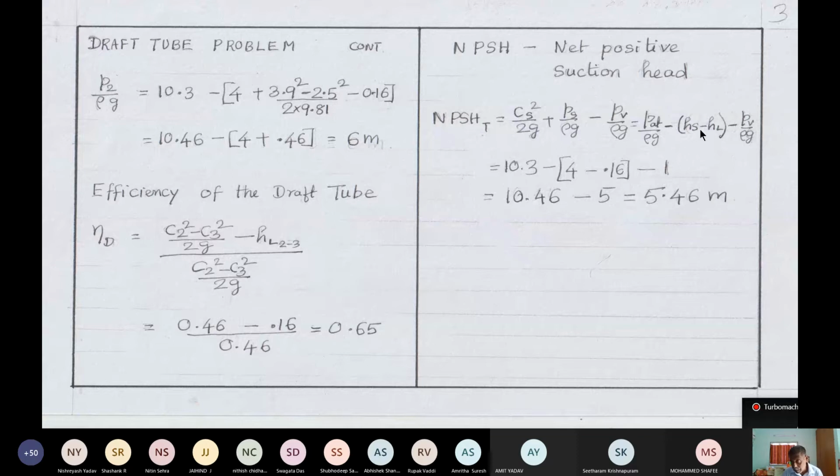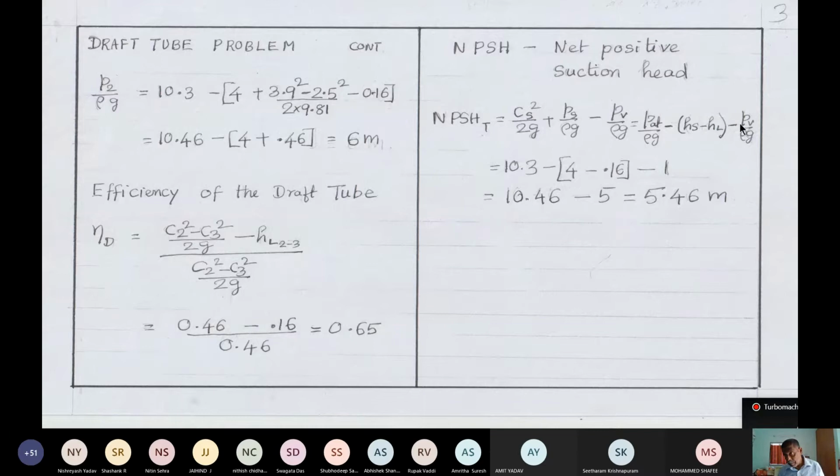For turbines, it is minus HL, the head loss in the suction pipe or the draft tube. Then finally, this whole amount minus the vapor pressure head. So finally, you get the value 10.3 minus 4 minus 0.16 minus 1. Minus 1 is the vapor pressure head.